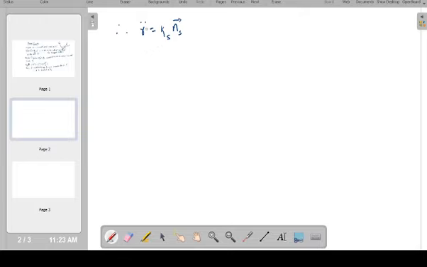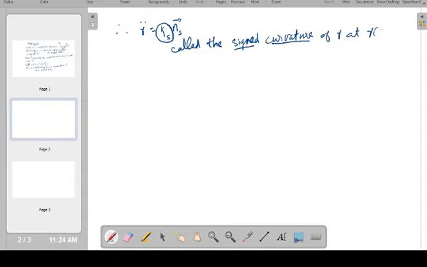In this case, it is called the signed curvature of gamma at the point gamma of s.